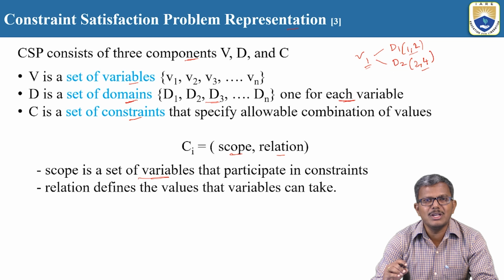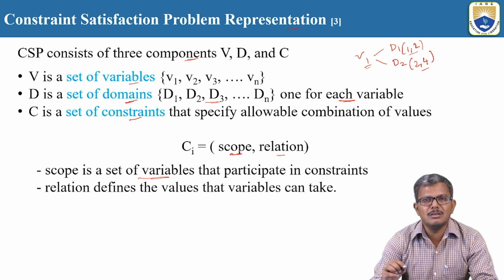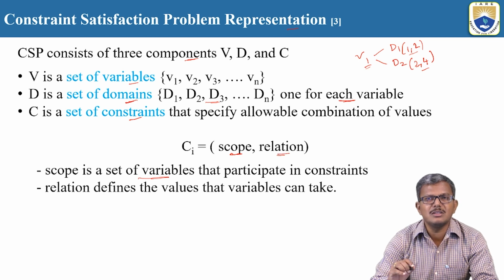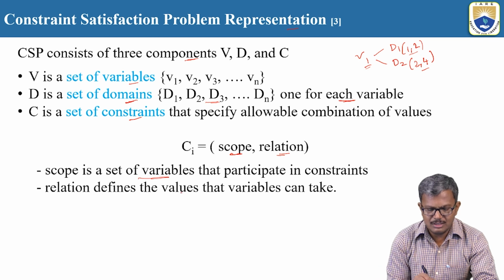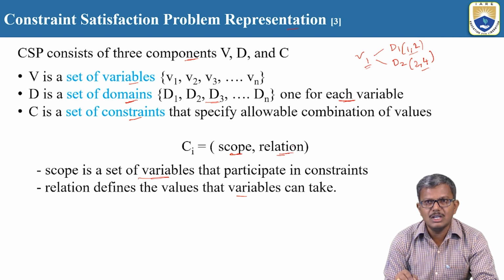Whenever you are framing a constraint or condition, the set of variables you are considering is represented by the parameter called scope. Relation defines the relationship between the values that variables can take, that is, what kind of values a particular variable can take.